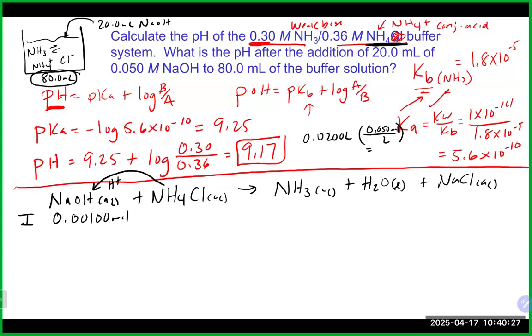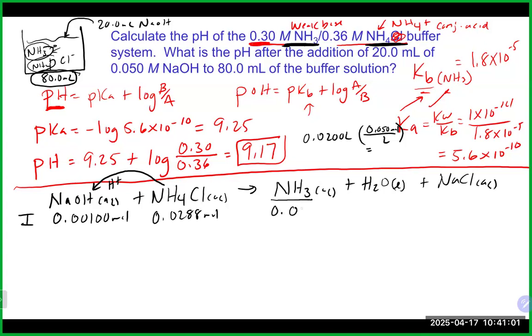That 80 milliliters goes for both parts of our buffer components. So to get the moles of the ammonium, we would take 0.08 times 0.36, and that would get us 0.0288 moles. Remember as well, we do have ammonia present in the buffer, and again, that is 80 milliliters, so 0.08 times 0.3 to get our moles, just like we did with the sodium hydroxide.